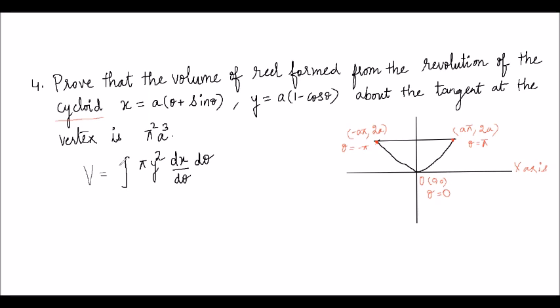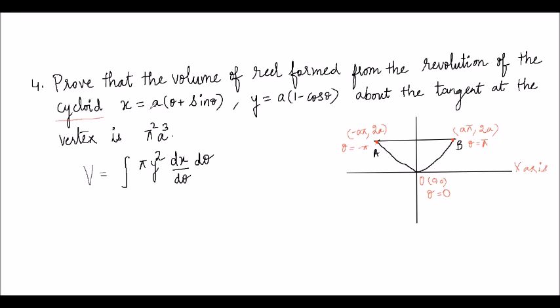Here we need the limits of theta. We can see here in the figure that for these 2 points, if I name these points as A and B, for these points A and B, the theta will vary from minus pi to pi. At theta equal to minus pi, x is minus a pi, y is 2a. And at theta equal to pi, x is a pi.